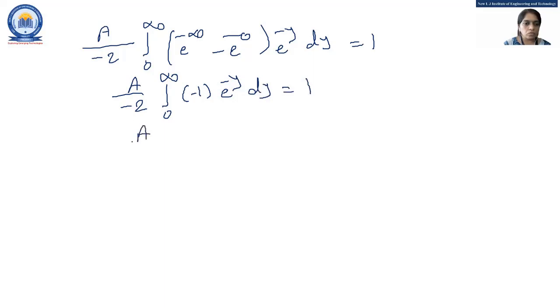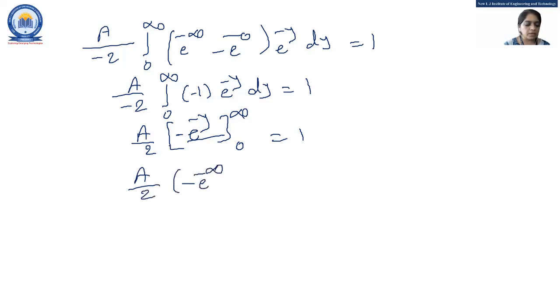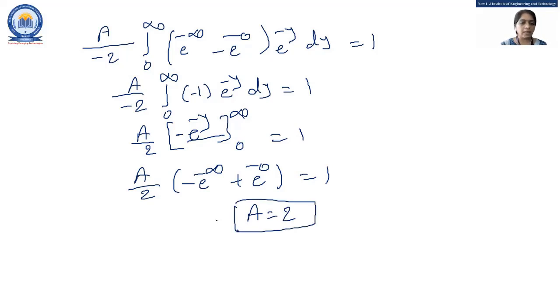So a by 2, e to the power minus y upon minus 1, into minus 1, limits 0 to infinity, equal to 1. So after simplification, it will become a by 2 times minus e to the power minus infinity plus e to the power minus 0 equal to 1. So my final answer is a equal to 2. So this is the first answer, a equal to 2.